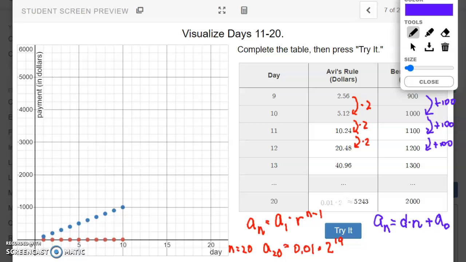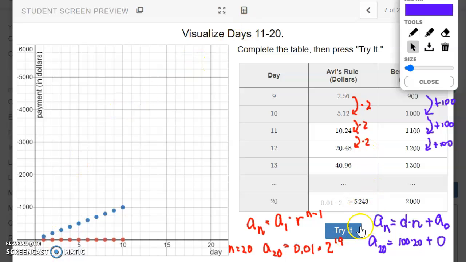The first day we got $100, so on the 0th day you would have gotten $0. Common difference is 100, and n in this case is 20. So A sub 20 is 100 times 20 plus 0, which is 2,000. That's how I get that as well.